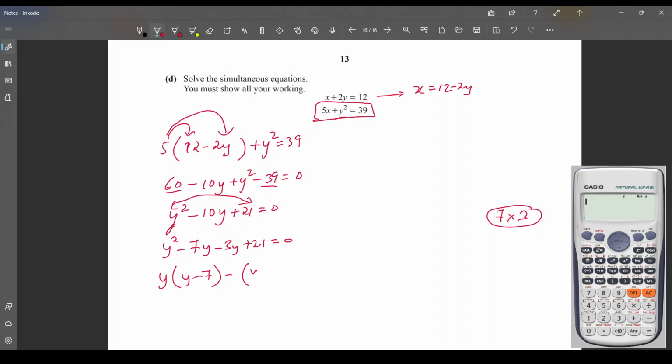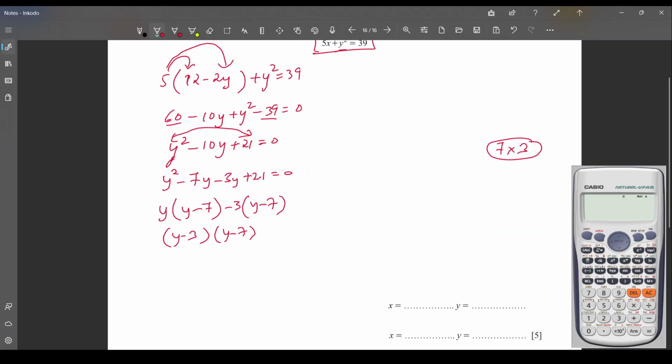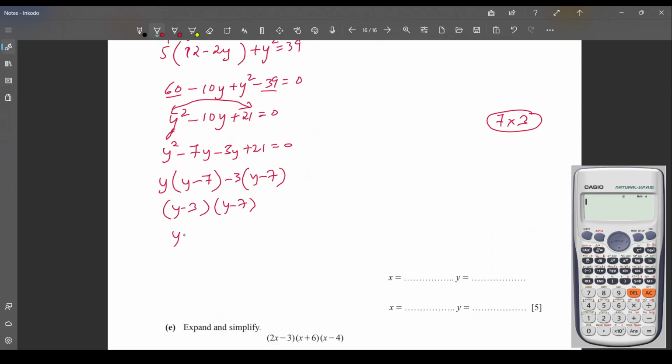We should also get y minus 7 on that side. We are getting minus, so we are taking 3 out, so minus 3y plus 21, that's correct. So y minus 3 and y minus 7 is our answer. So y minus 3 equals to 0, so y equals to plus 3, and y minus 7 equals to 0, so y equals to plus 7.